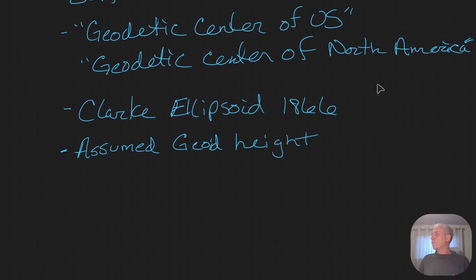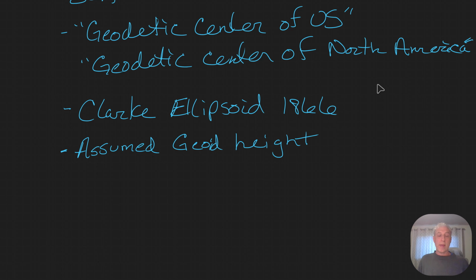And much like the reasons I gave for NAD 27 being a surface-based model, they really, for all intents and purposes, were served well by just assuming a geodetic height of that point, and then through the use of level loops, they would run and get elevations, adjust the network. So everything is based on an assumed geodetic height.